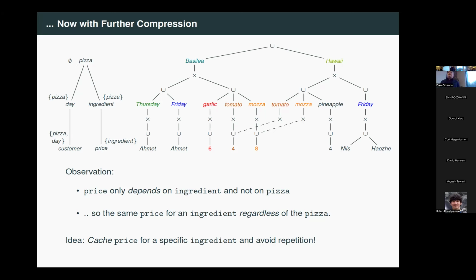Yes. And in this example, pineapple also happens to cost 4. Why do you not connect pineapple to that 4? So we have 4 here, we have 4 here. Why wouldn't I represent 4 once? So far I only look at the structure from the query, and the query doesn't know that that particular data instance has pineapple and tomato with the same price 4. But clearly we can go further and do a more instance-based compression where we realize that such things appear.